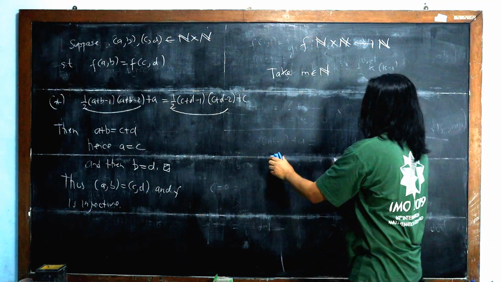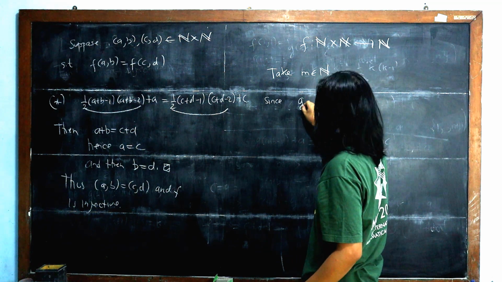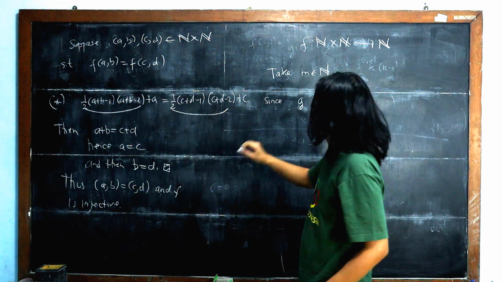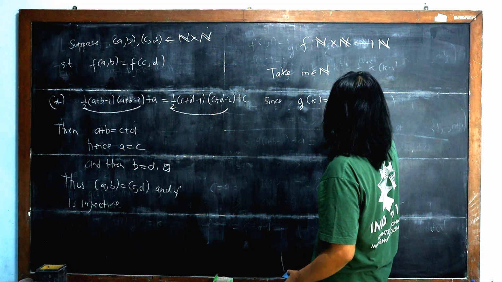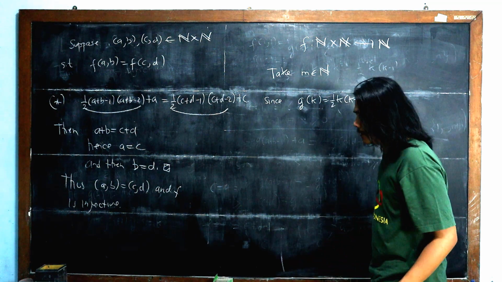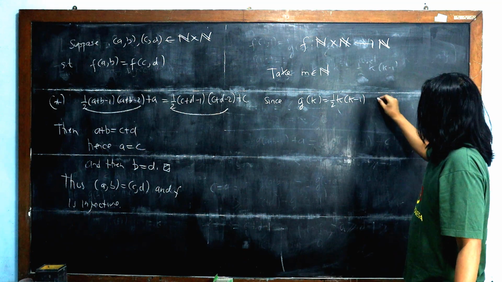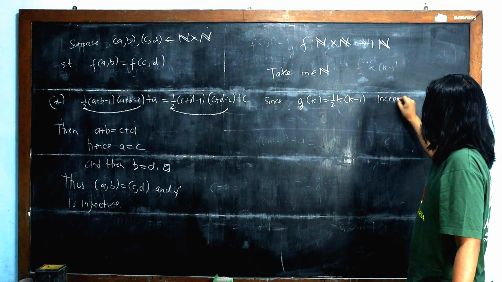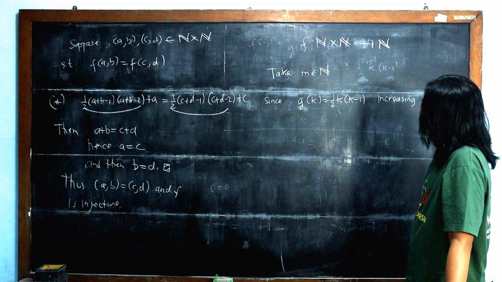So since G, the G that we defined before, something like this, I guess, k minus 1, yeah. This is increasing.